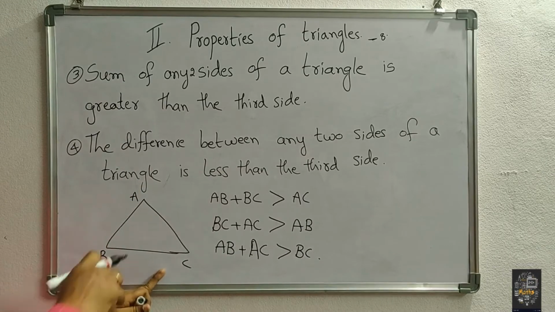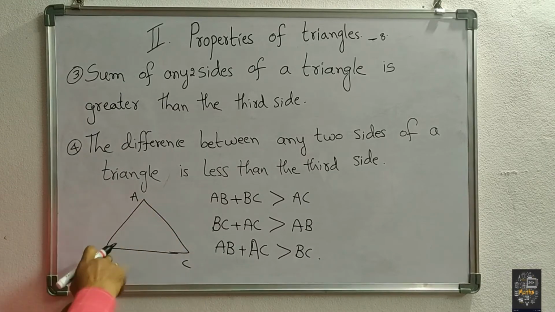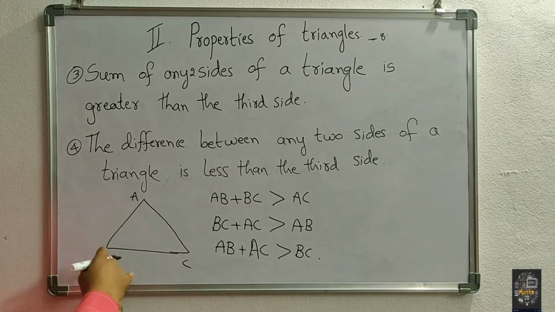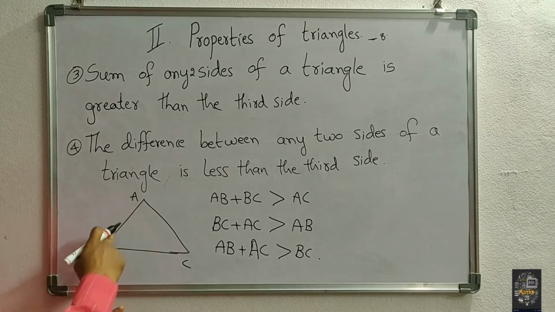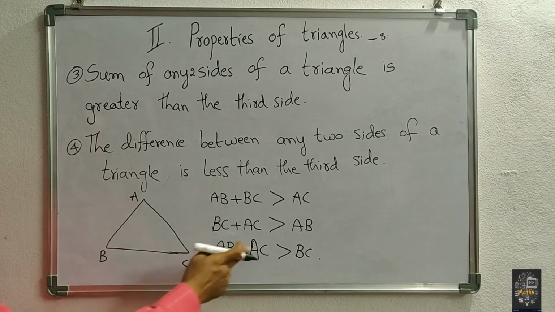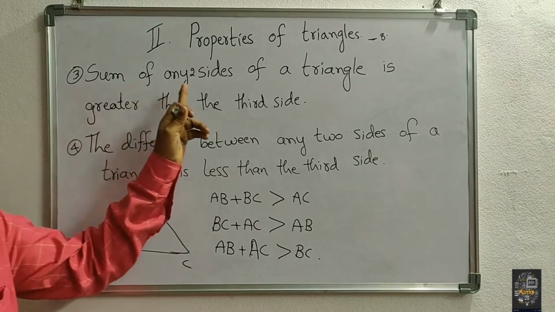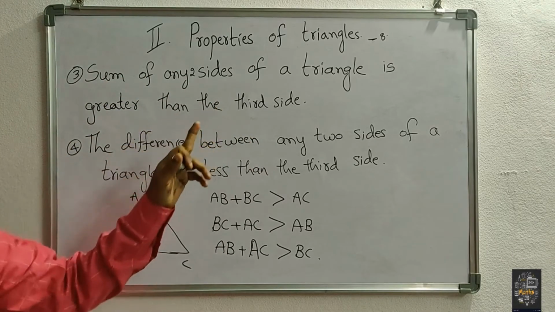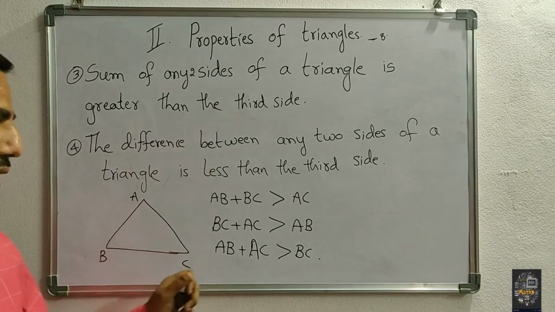So the first: AB plus BC is greater than AC. The second: BC plus AC is greater than AB. And the third: AB plus AC is greater than BC. This is the third condition. The sum of any two sides of a triangle is greater than the third side.